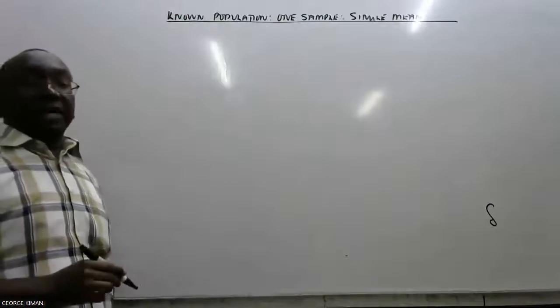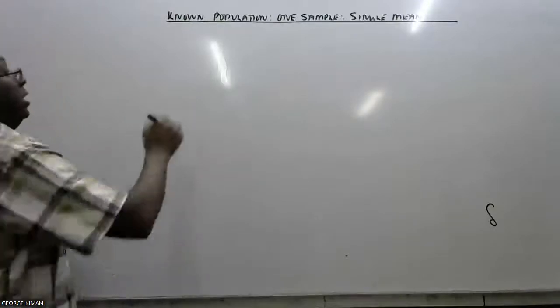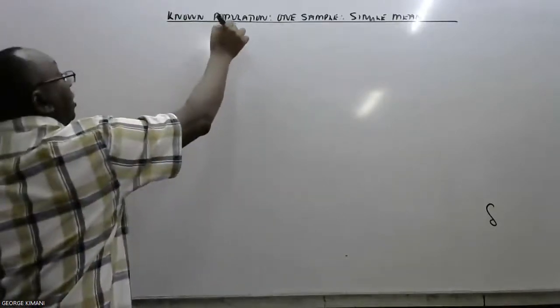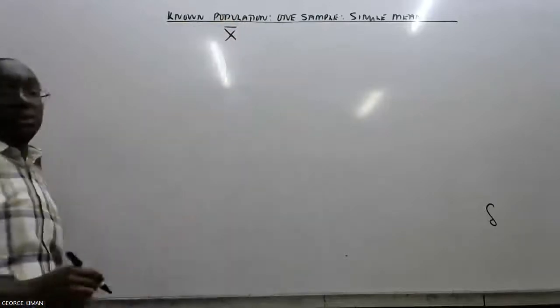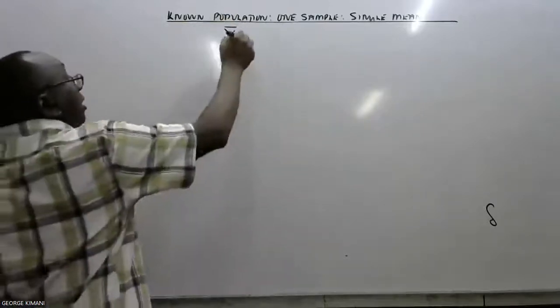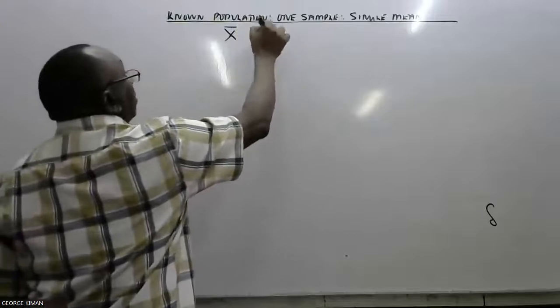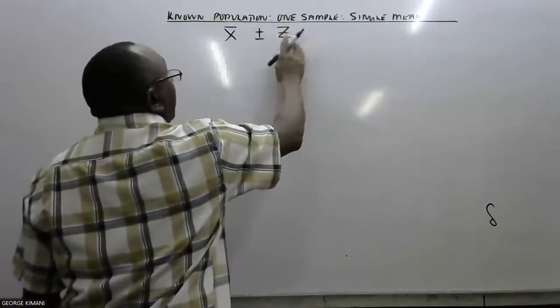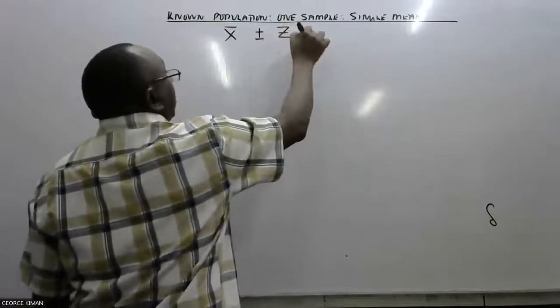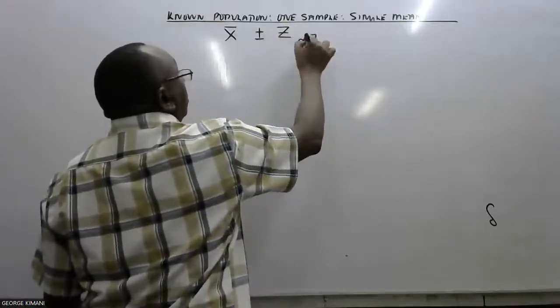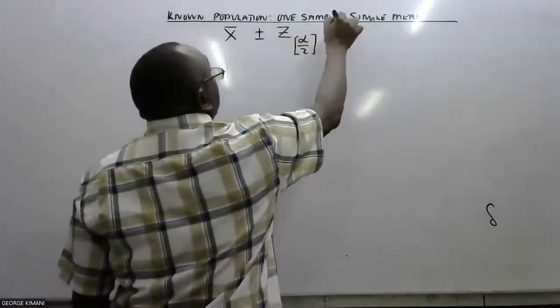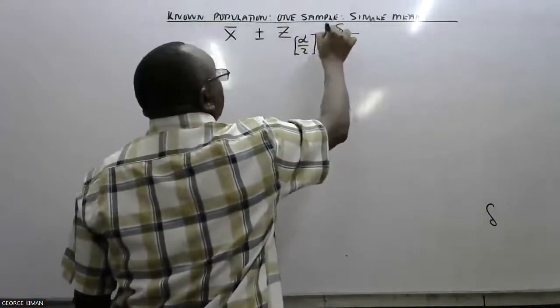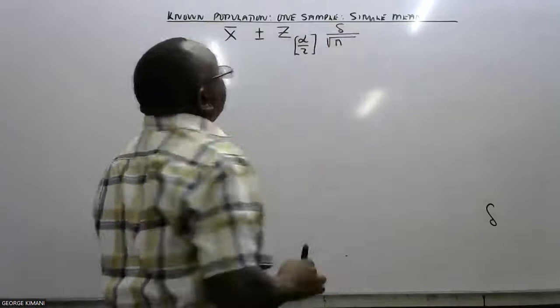So when you have it that way, it now becomes very clear that the formula to use is X bar plus or minus Z alpha out of 2, standard deviation divided by the root of n.